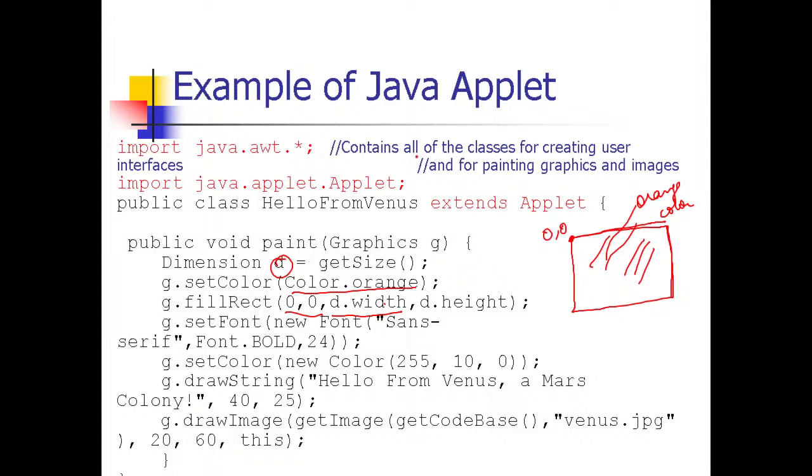Then for setting the font, we had used a method of the Graphics class, that is setFont, in which we had created a new Font, SansSerif, Font.BOLD, and its size has been set as 24.